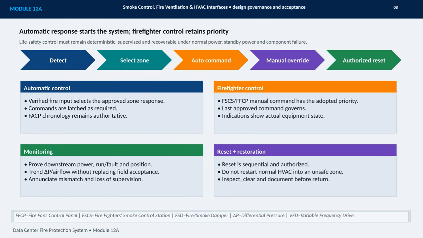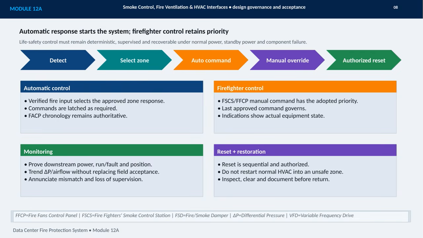For automatic control, a verified fire input selects the required zone response. Commands are latched where necessary, and the fire alarm control panel chronology remains authoritative. Once firefighters take control through the FSCS or FFCP, the adopted manual priority applies. The last approved command governs, while indications must show the actual equipment state, not merely the requested state.